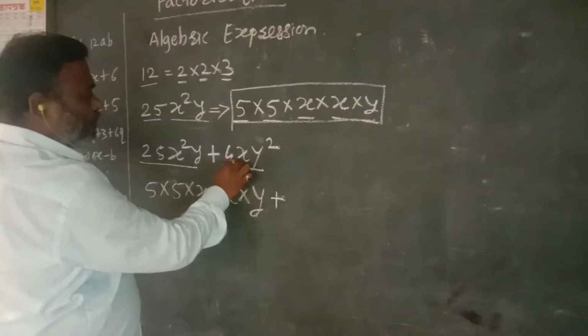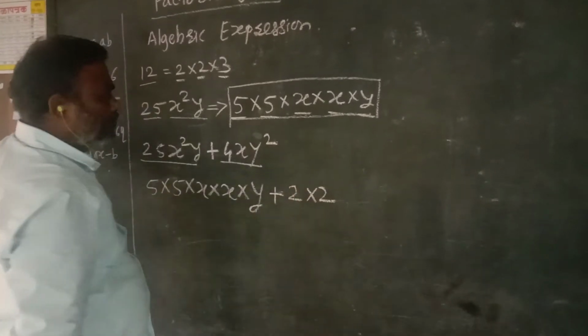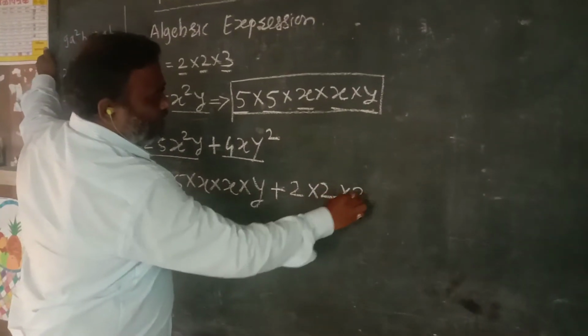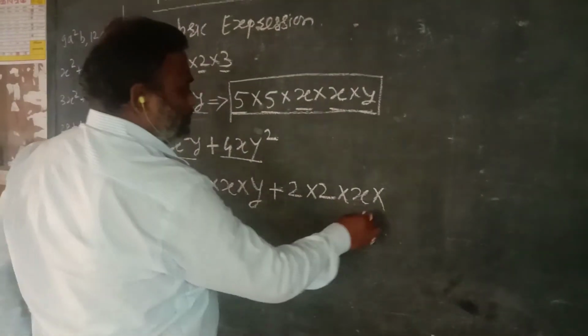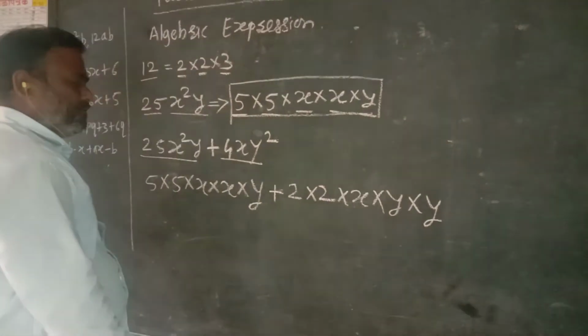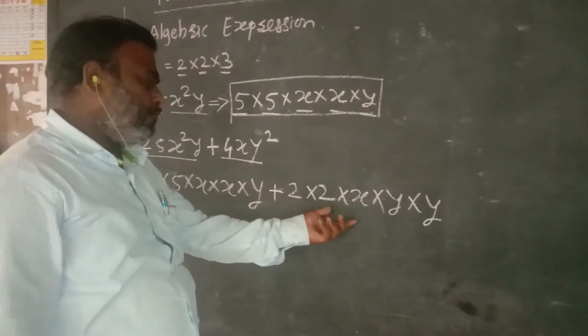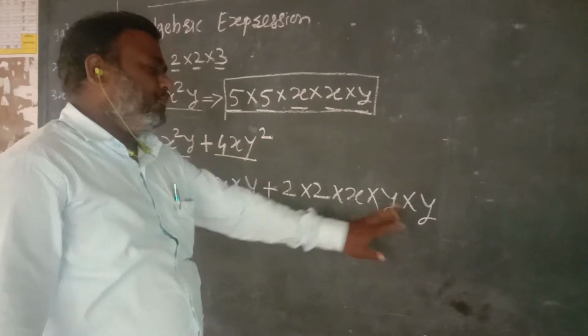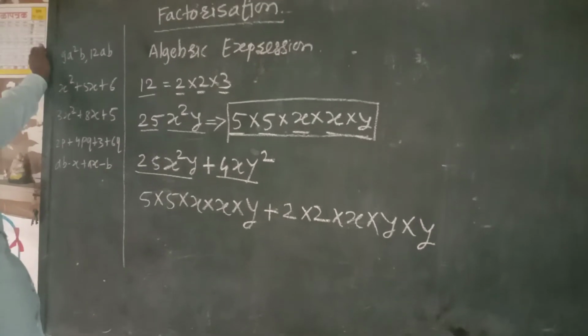And for 4, we can represent 4 in terms of prime factors as 2 into 2. In xy square, for x, as it is single, we put it once. And for y square we put y 2 times. Hence the factors of 4xy square are 2 into 2 into x into y into y. This is called factorization of an algebraic expression.